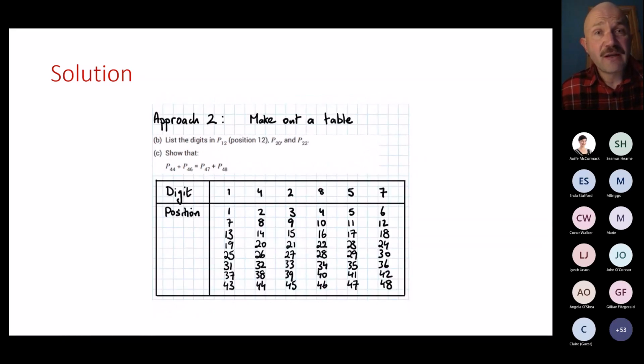A second approach that might be taken, which does also involve systematic listing to an extent, involves making out a table where the repeating pattern is more discernible. You can see here in the table that a student might have, at the top of the table, a row showing the 6 digits that occur in the first 6 positions of the pattern.